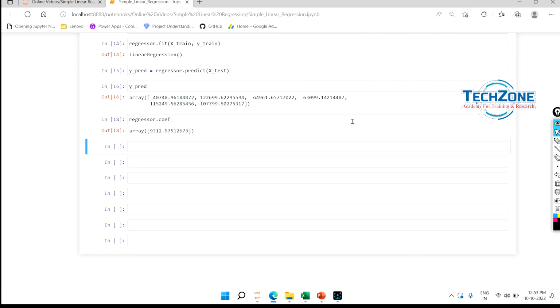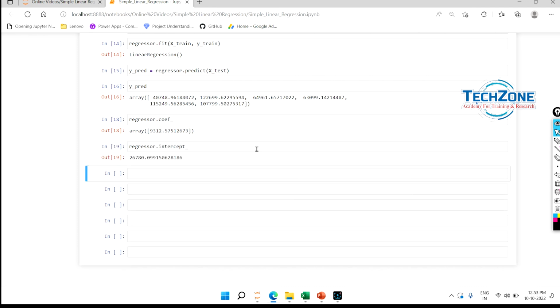This is our coefficient. And let us also find the intercept: regressor dot intercept underscore. This is our intercept.